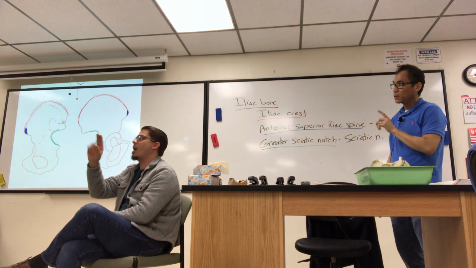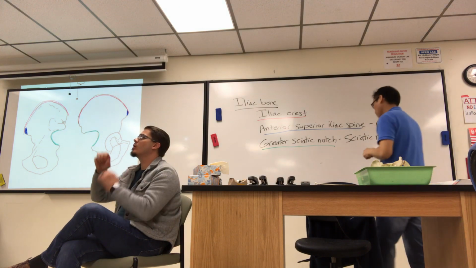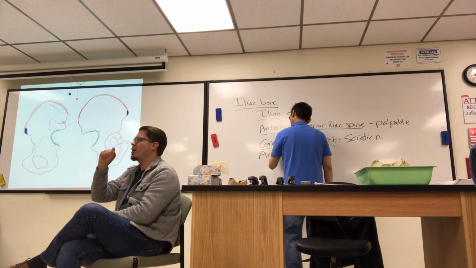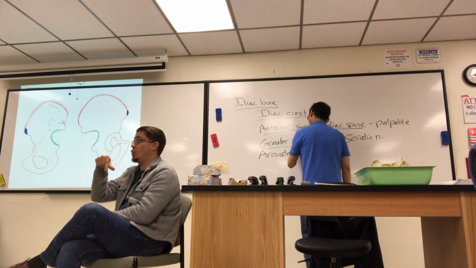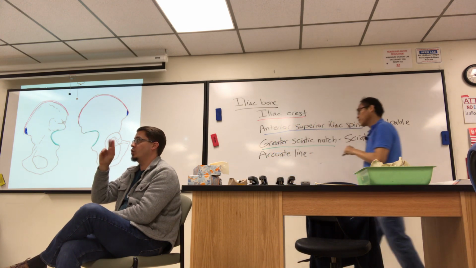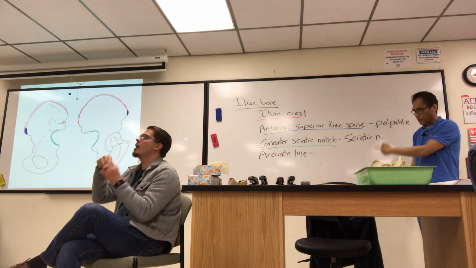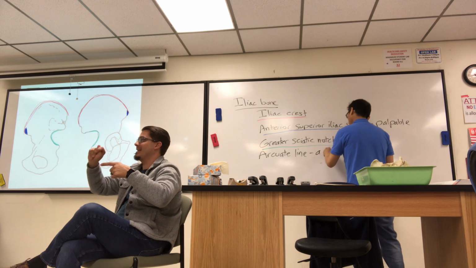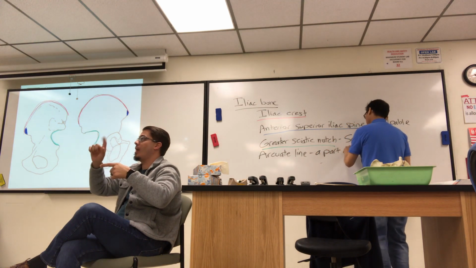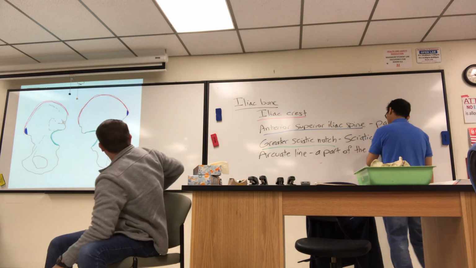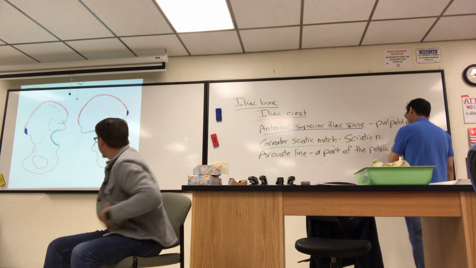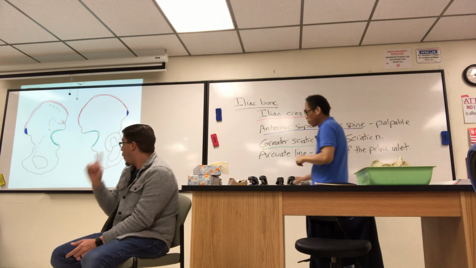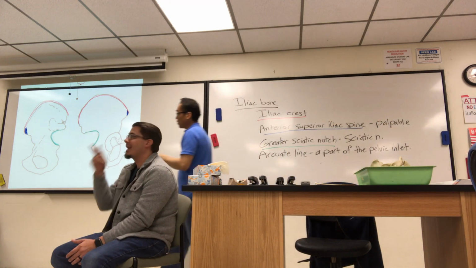One more structure. It's called the arcuate line. When I trace the pelvic inlet, the arcuate line is a part of the pelvic inlet. You can see it from the medial view.